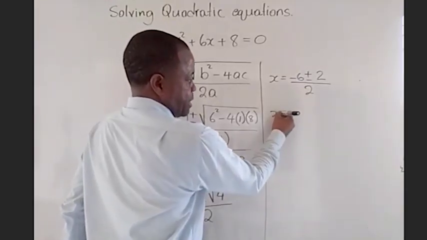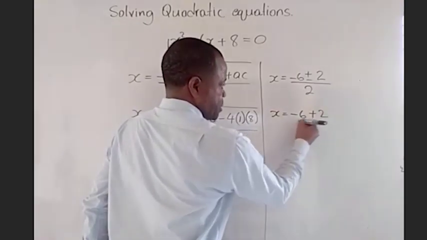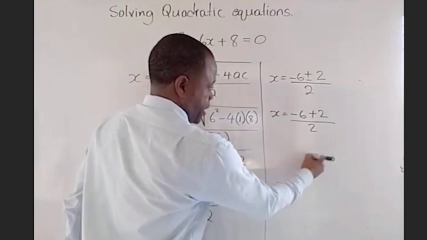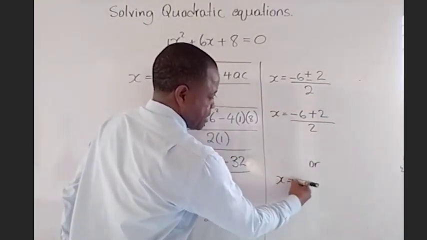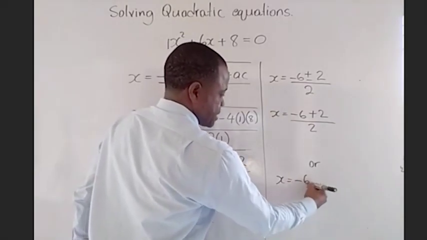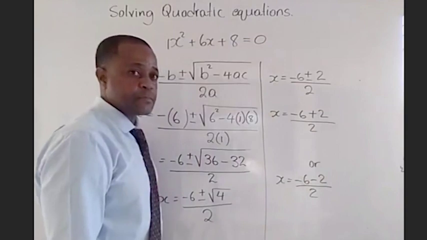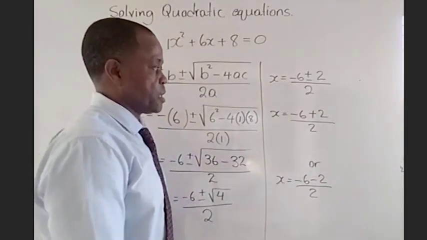So it's going to be x equal to negative 6 plus 2 over 2, or we're going to have x is equal to negative 6 minus 2 over 2. So all we need to do is to work out both situations now.